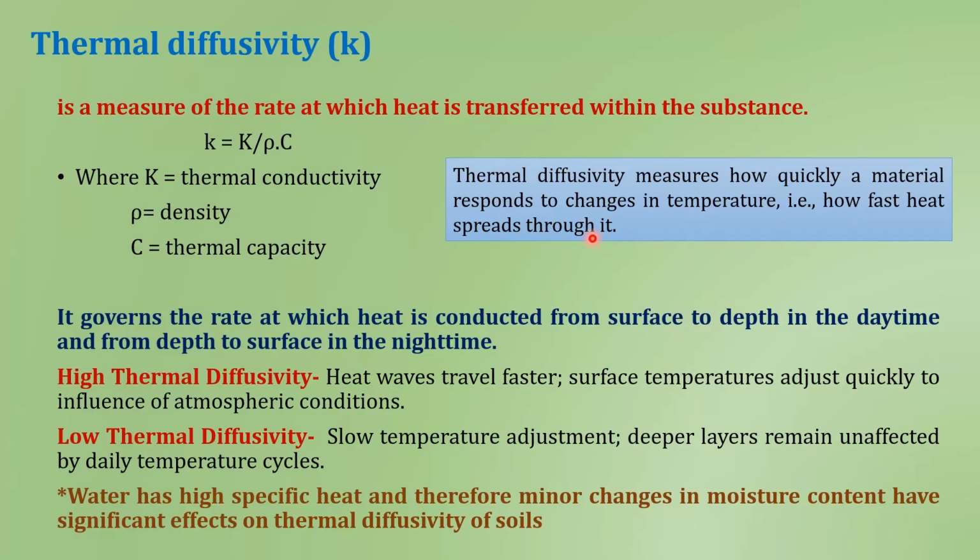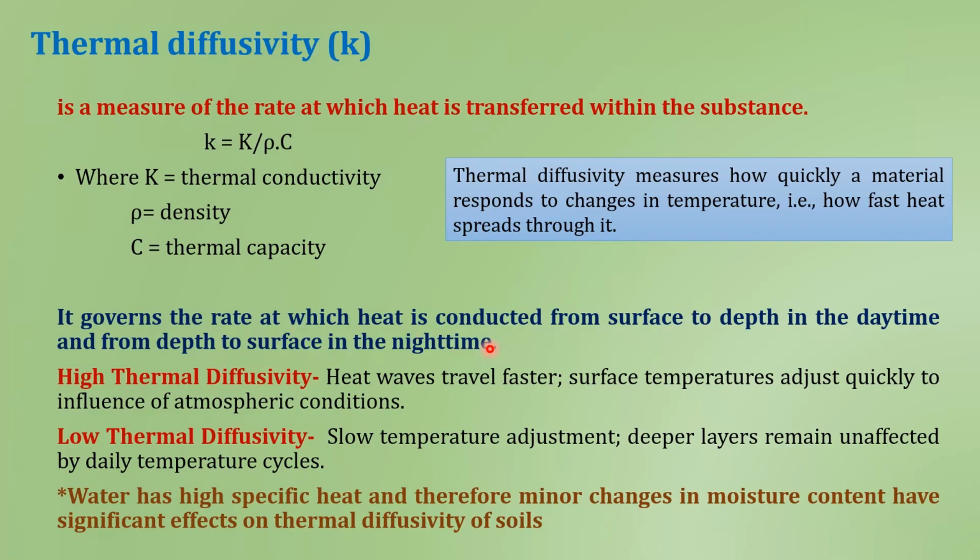On this concept, for objects on the Earth's surface, we can say that thermal diffusivity governs the rate at which heat is conducted from the surface to the depth in the daytime and from depth to the surface in the nighttime.